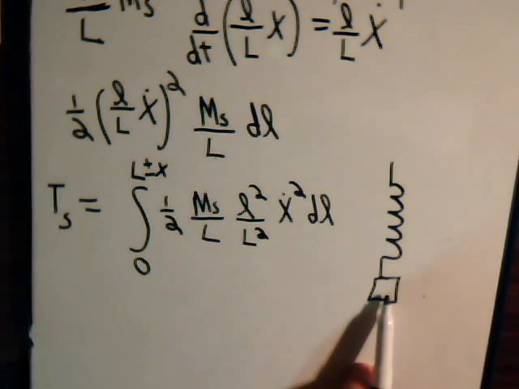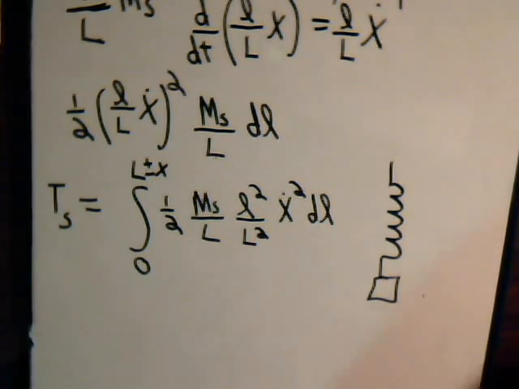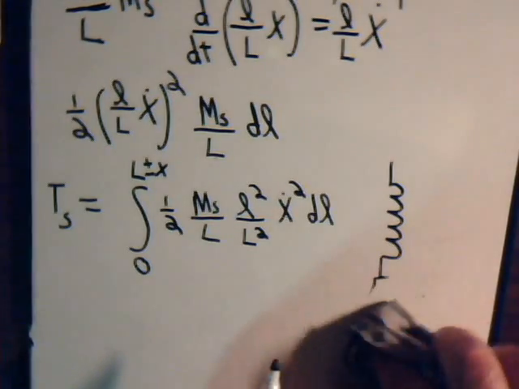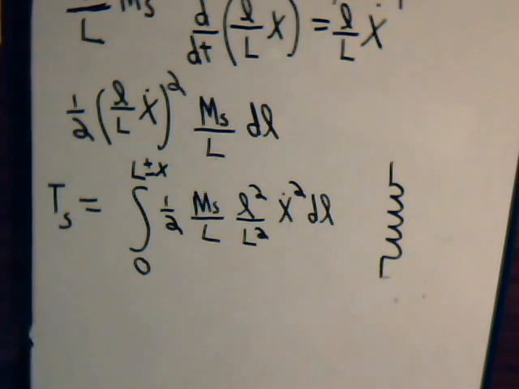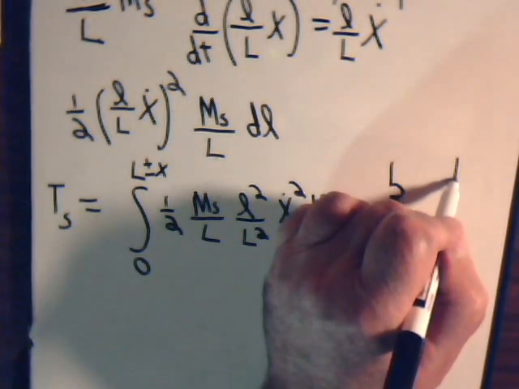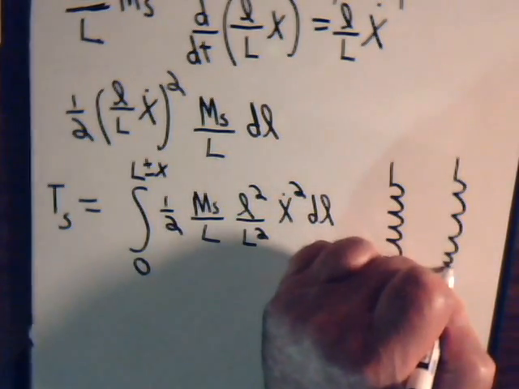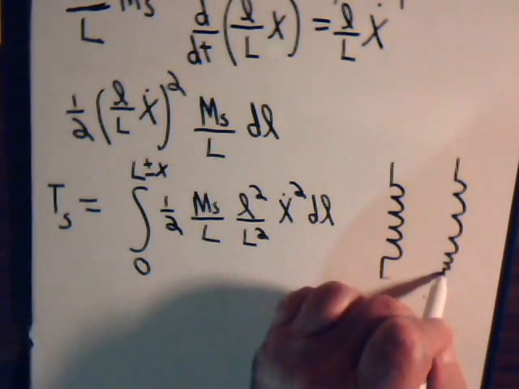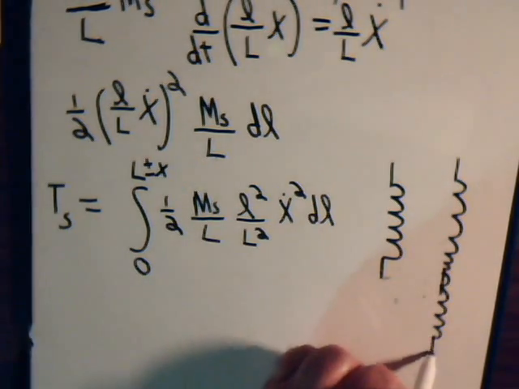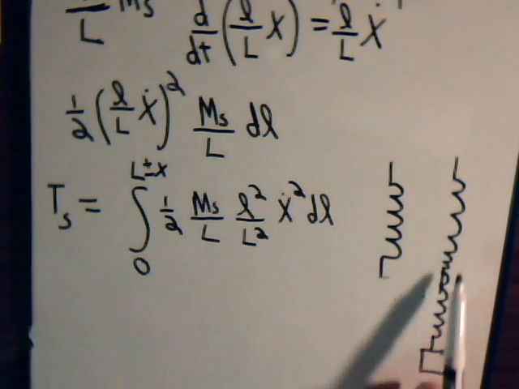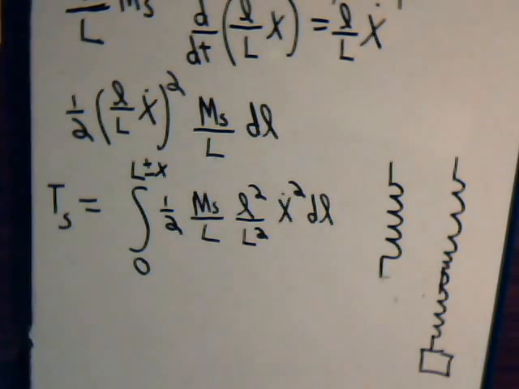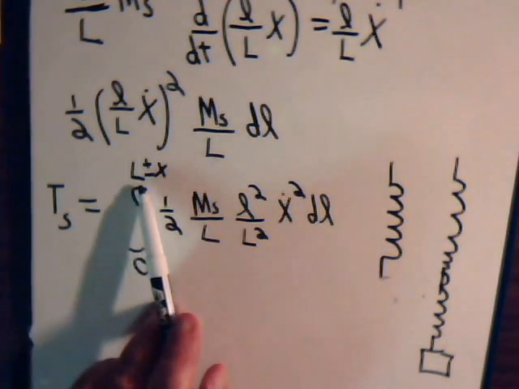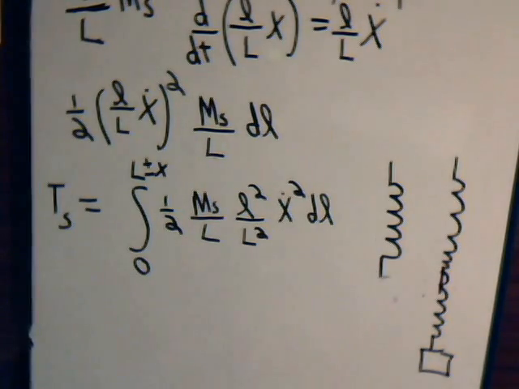X is the amount of displacement from equilibrium. Let's say that here is the natural length of the spring, L. Then we add the mass to it. So now it's stretched out like this, a distance x, and this is going up a distance x and down a distance x. So the length of the spring keeps changing. So that's why we're saying L plus or minus x.